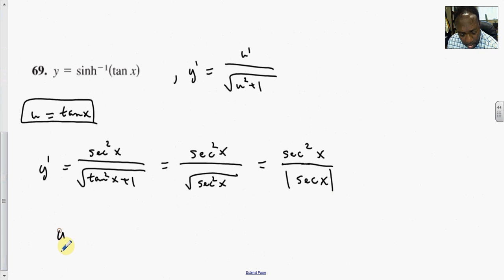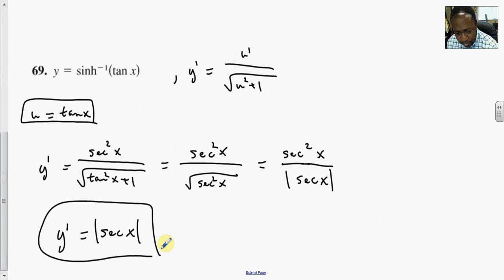And so y prime is equal to the absolute value of secant x. Based on that denominator here, the secant x must be positive.